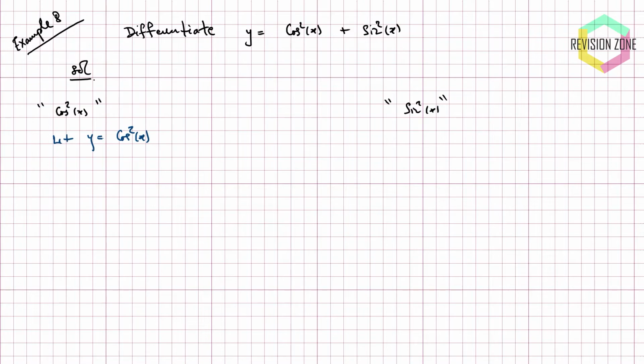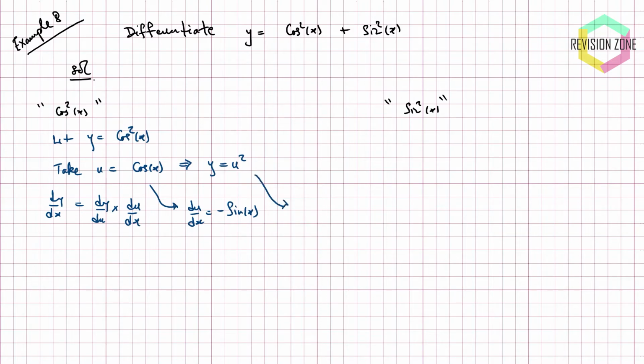So in this case, I can take u to be equal to cos x, and then my y is actually u squared. So the chain rule is dy by dx is equal to dy by du times du by dx. My u differentiates to give me the derivative of cos, which is minus sine, and the derivative of u squared, so dy by du, is just 2u. Sorry, I shouldn't say x because the variable is u.